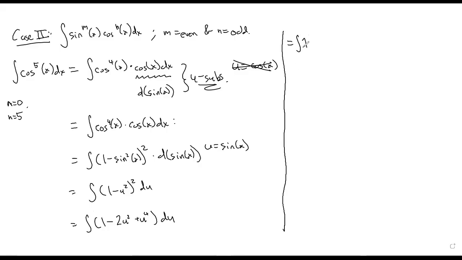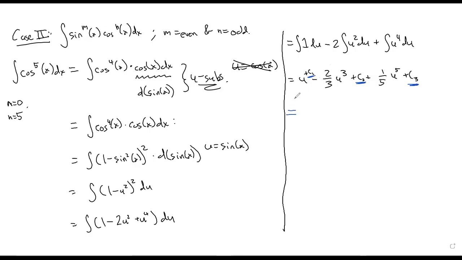And then we integrate each term, factoring out the constants, if you will. Perform the integration. Plus C1 plus C2, 1/5 u to the fifth plus C3. And again, we have these arbitrary constants that we're going to combine.